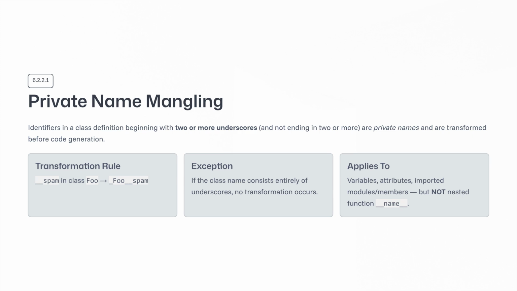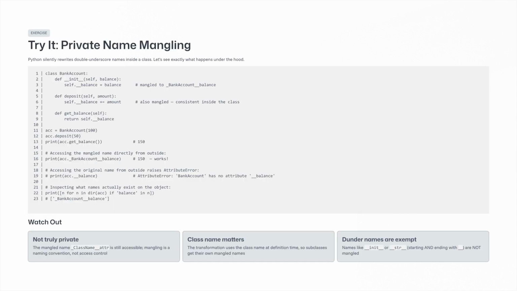The transformation rule: double underscore spam inside class Foo becomes underscore Foo underscore underscore spam. There's one exception. If the class name itself consists entirely of underscores, no transformation happens. It applies to variables, attributes, and imported names, but not to dunder names like dunder init or dunder str, because those start and end with double underscores. Mangling in action.